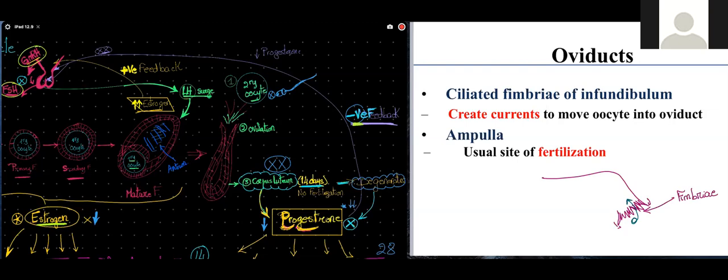The entrance of the fallopian tube, this distal part, we call the infundibulum. And this ovulated egg is going to move to a wide part in the fallopian tube, which we call the ampulla.